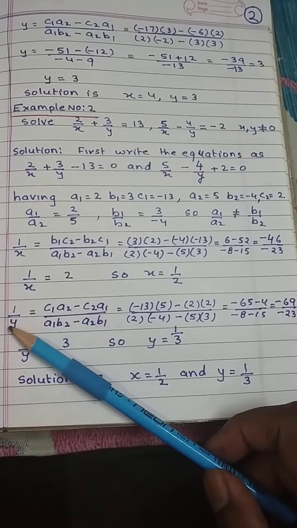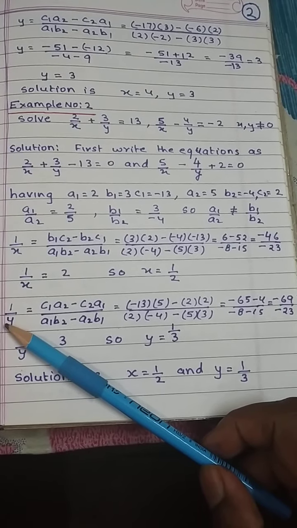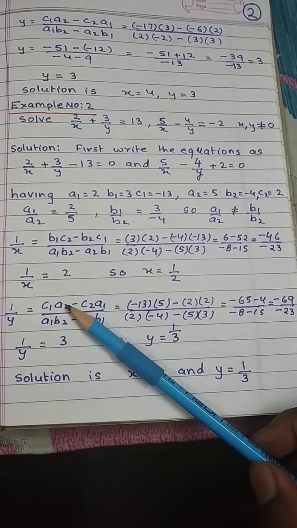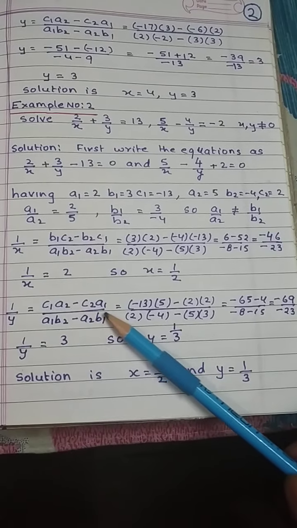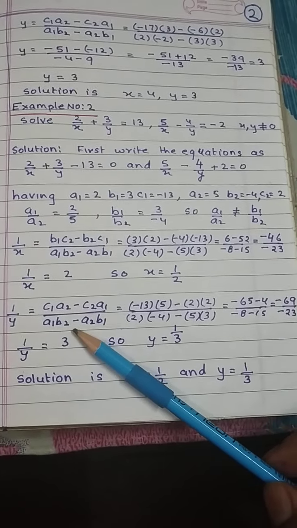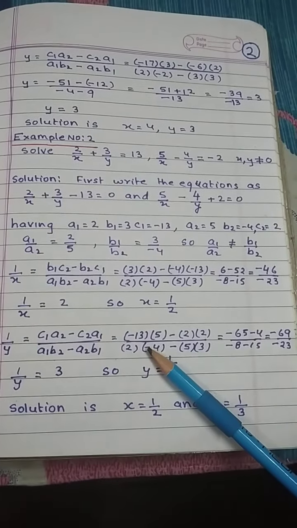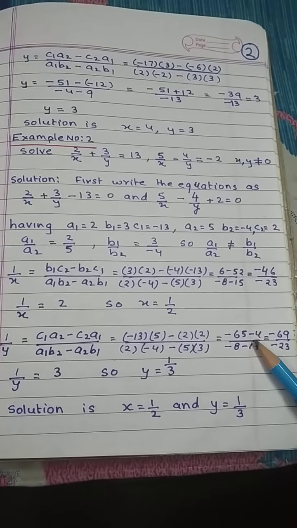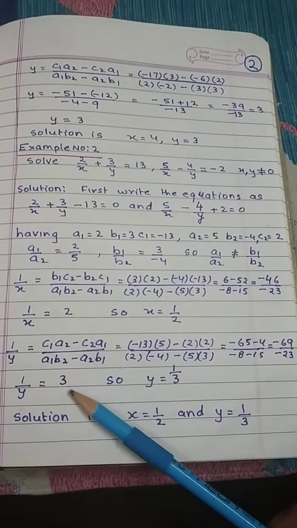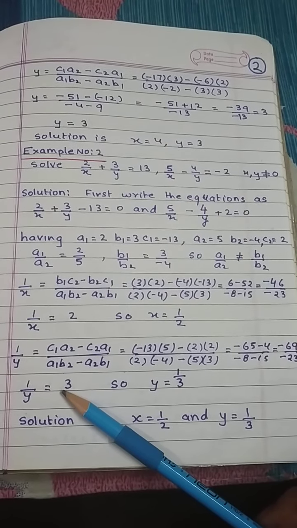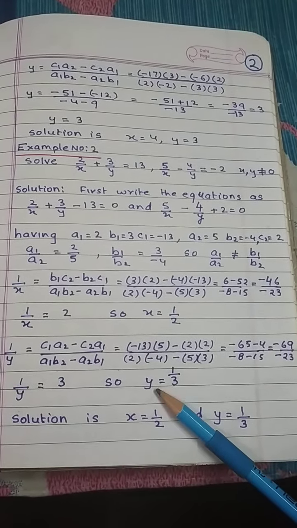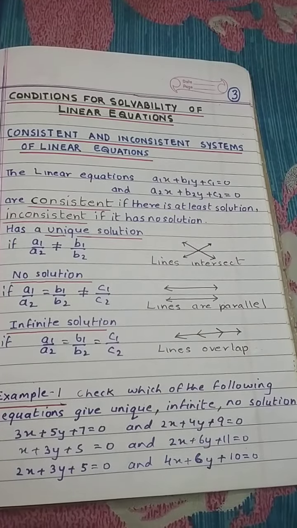In the same way, in place of y, we write 1 over y. The formula remains the same: C1 A2 minus C2 A1 over A1 B2 minus A2 B1. Equate the values and solve them. The minus sign gets cancelled. 1 over y is 3, so y is 1 over 3.